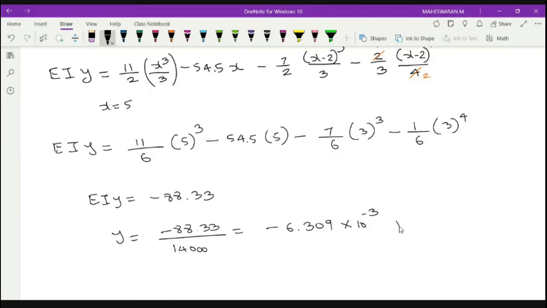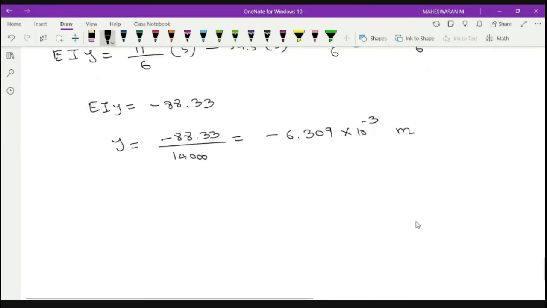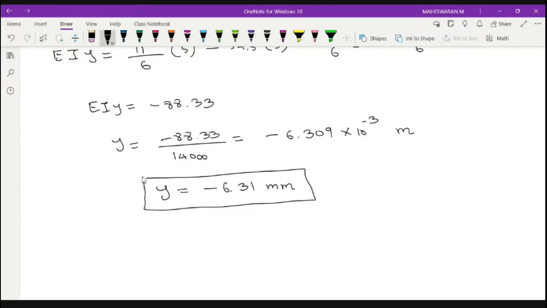What is the unit? Meter. Okay. So if I convert it to mm, your y is minus 6.31 mm. Yes, this is the value that you are getting at x is equal to 5 meter.